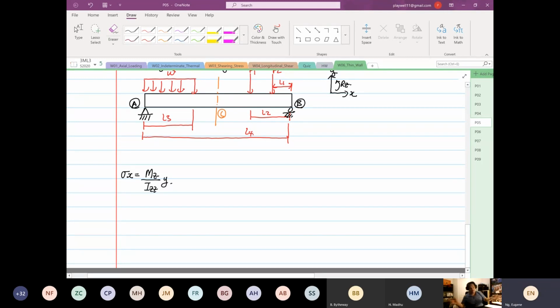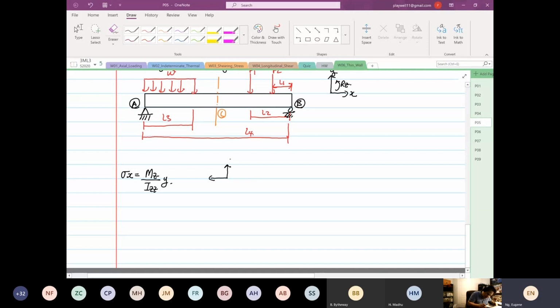Remember, I told you guys, don't worry about the minus sign first. Later on, when we do the bending moment vectors, the head of the bending moment is compression, the tail is tensile.